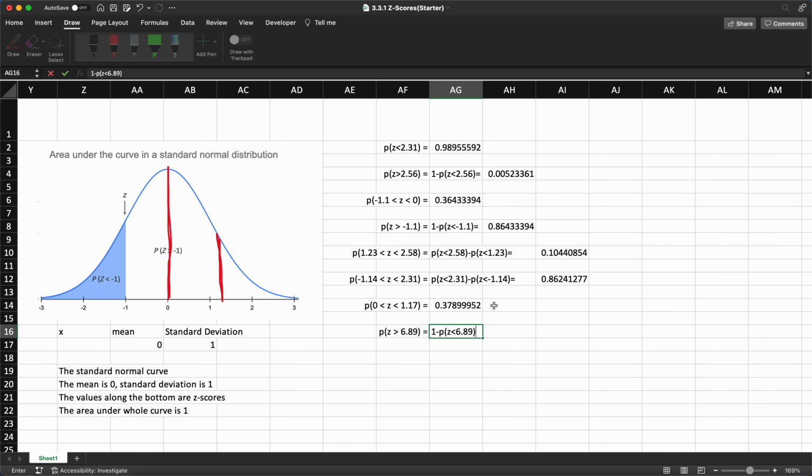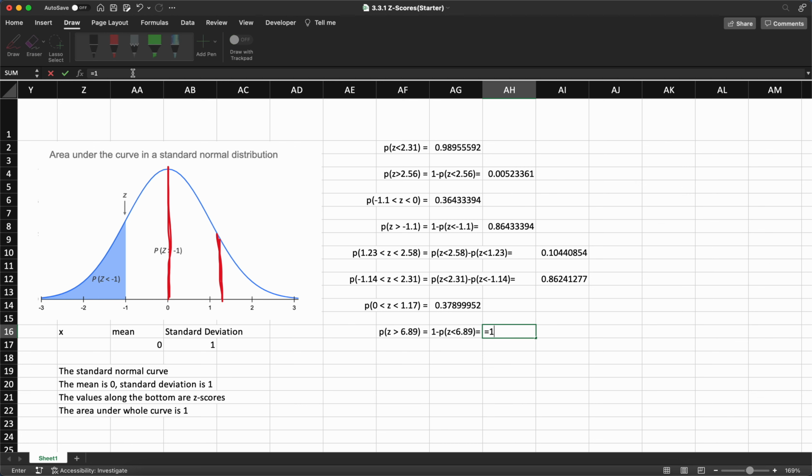Now we know that below that value, we're pretty much covering this entire area, which is 1. And so I'm thinking that the probability that z is greater than 6.89 is going to be 0, right? Or really close to 0. So let's go ahead and calculate that and see if my hunch is correct.